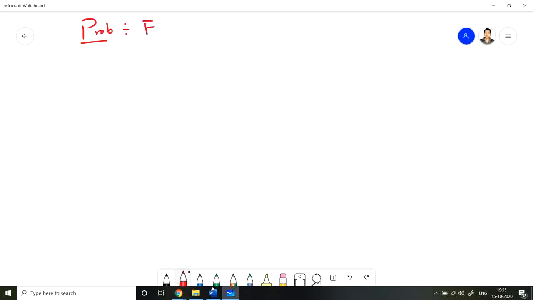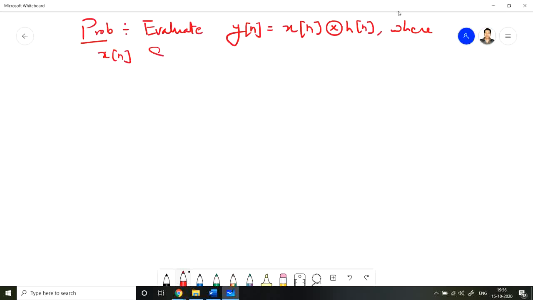The problem is evaluate y[n] equals x[n] convolution with h[n], where x[n] and h[n] are shown in figure 1.